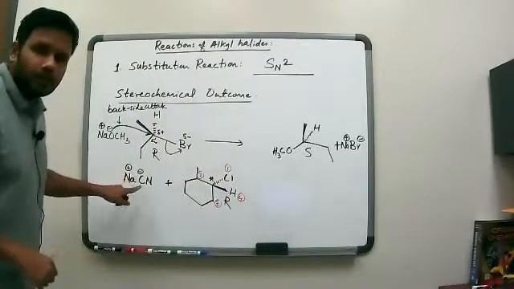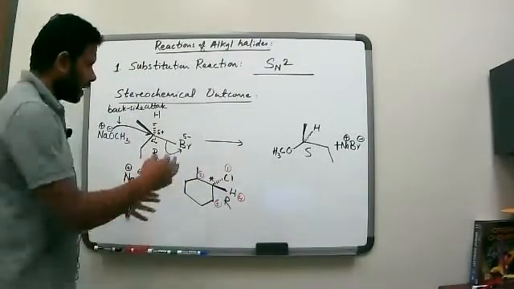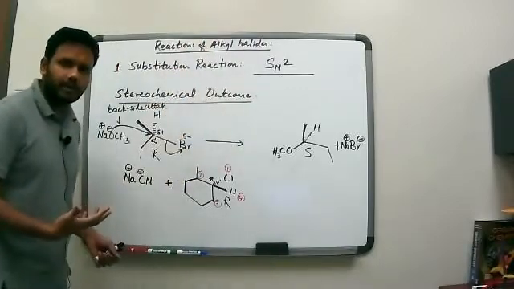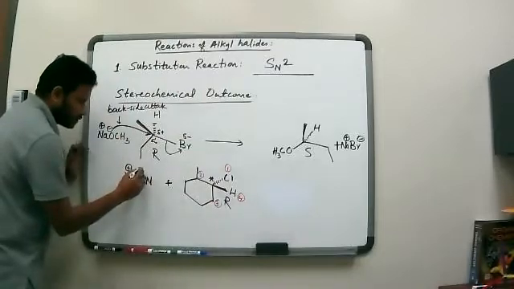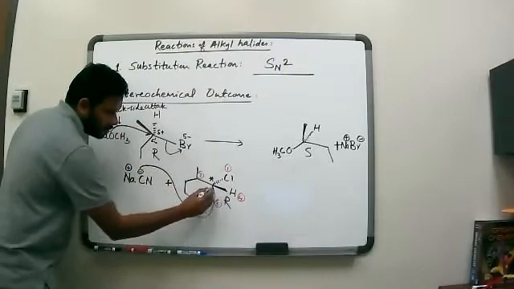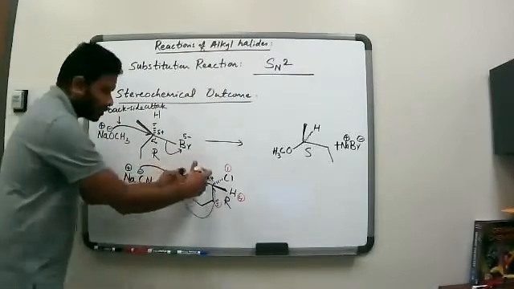And our nucleophile should do a backside attack. So if the halogen is behind the plane of this whiteboard, what's backside with respect to that? This cyanide, CN minus, should come and attack from here, from the front side.